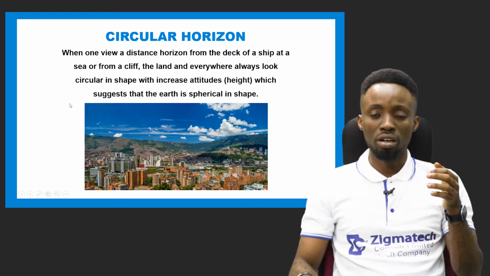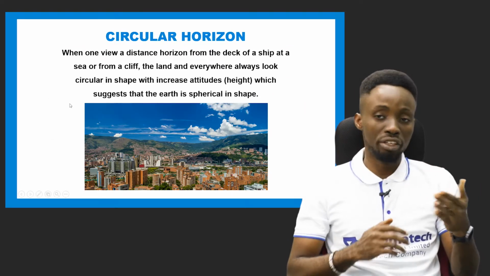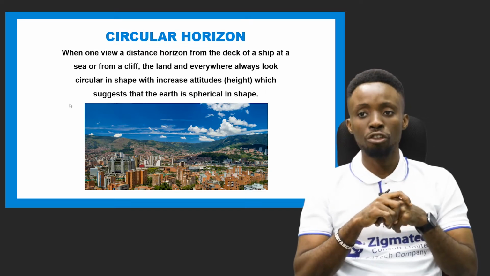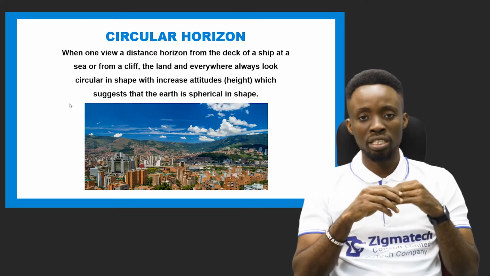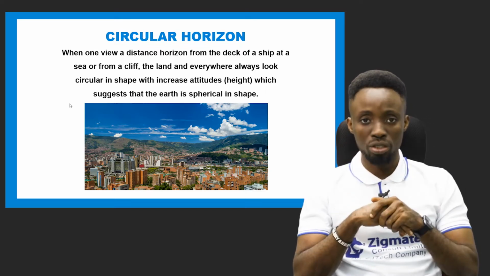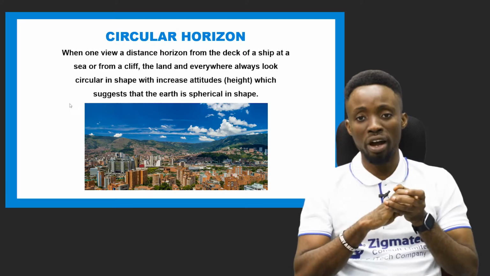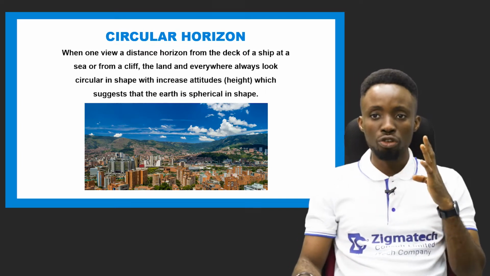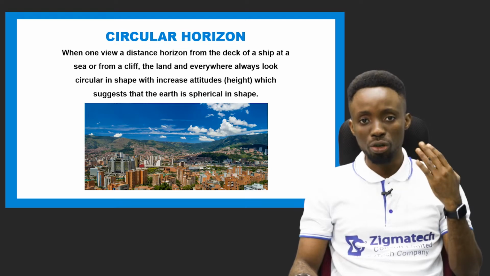Then the next evidence is the evidence of the circular horizon. Now, if you look at the horizon of the clouds from a far distance, or let's say you view a ship coming from a cliff.